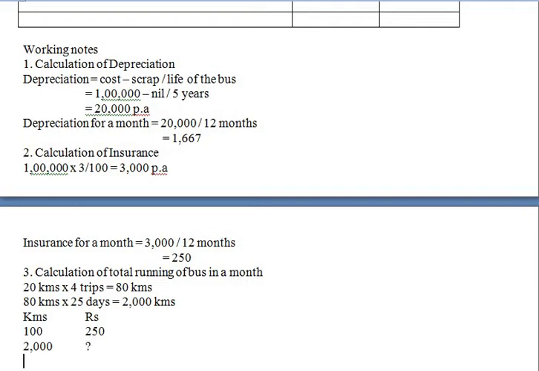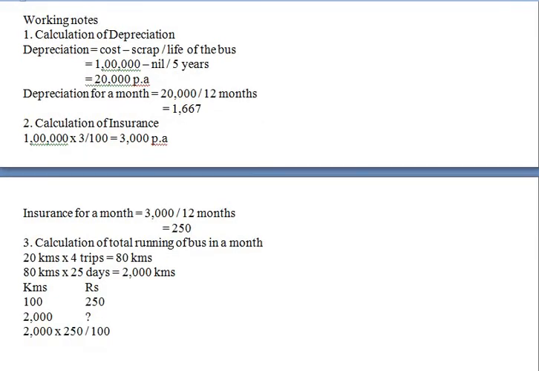Question mark. Next line, 2000 into 250 divided by 100. So that is equals to rupees 5000.